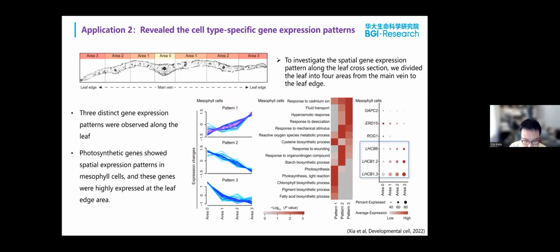The photosynthesis process mainly takes place in mesophyll cells, and we found that photosynthesis genes showed spatial expression patterns in mesophyll cells, and these genes were highly expressed at the leaf edge area, including RCB6, RCB 1.2, and RCB 1.3.